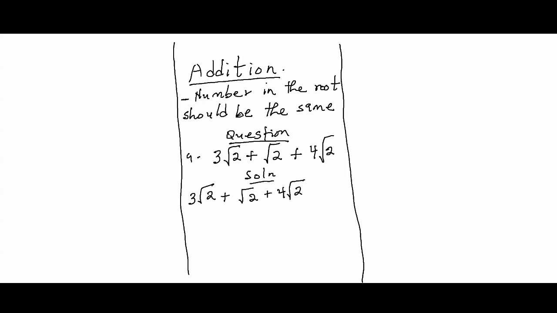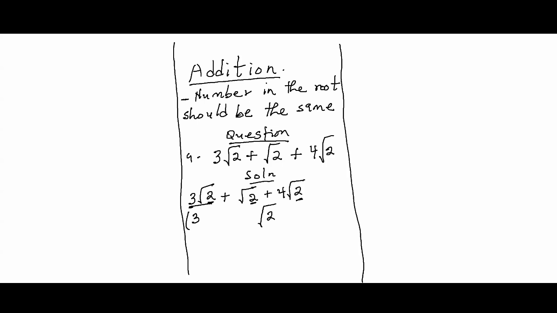Because the numbers inside the square roots are the same, we are just going to pick one of them. So the square root of 2. What we are going to do next is to add all the numbers outside the square root. For the first one, the number outside the square root is 3.